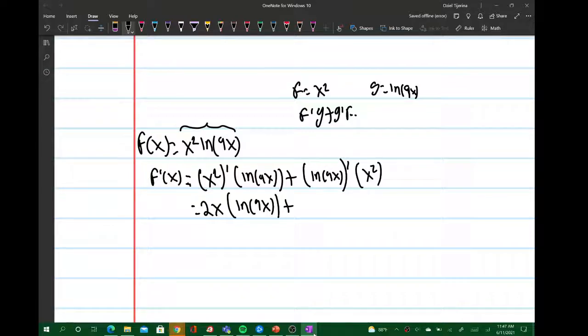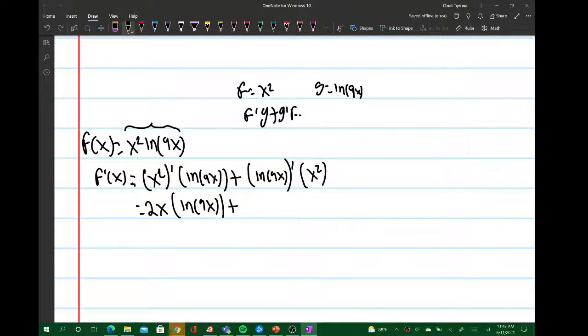In reality, remember, this one is really going to be 1 over 9x times 9x prime.